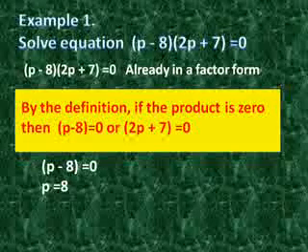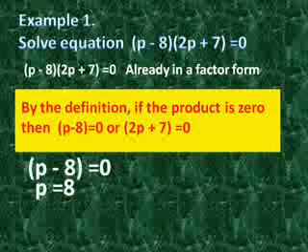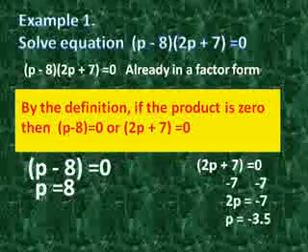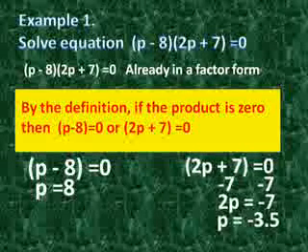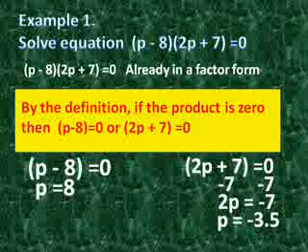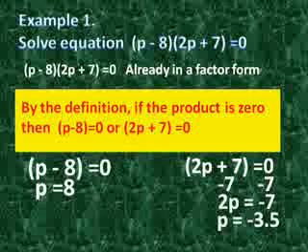To solve p minus 8 equals 0, add 8 to each side. p is 8. To solve 2p plus 7 equals 0, subtract 7 from each side and divide by 2 each side. The second answer is p is negative 3.5.